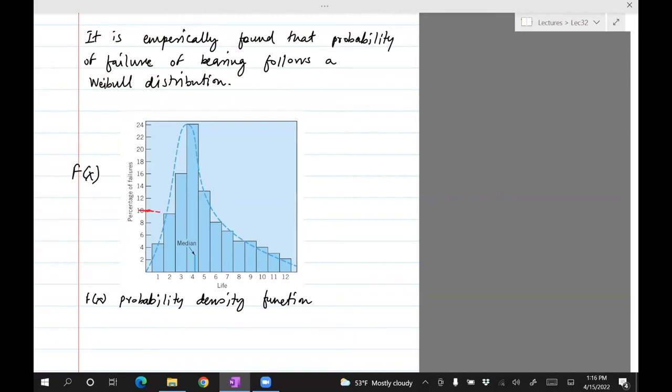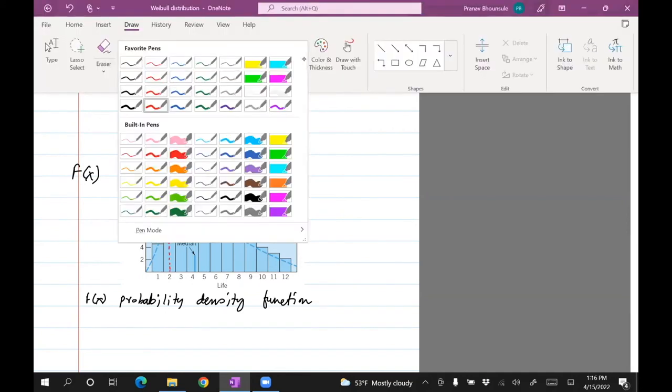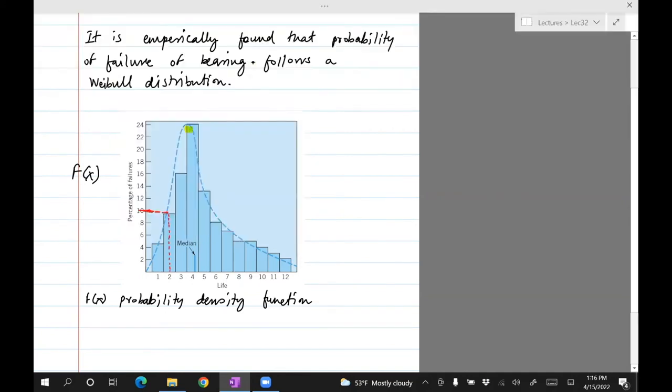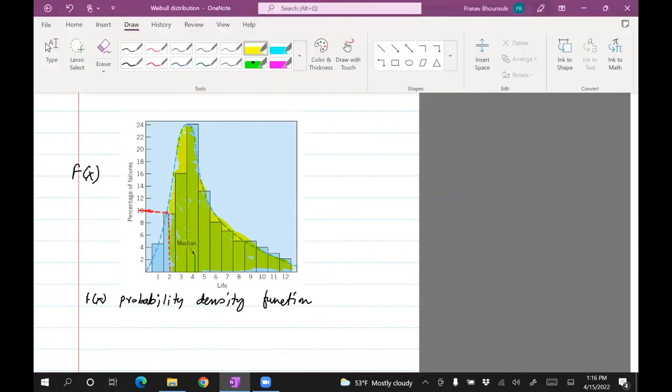So you just extend this, see where it intersects the variable distribution, drop a vertical, and then the area all the way beneath the curve and to the right of the red line is 90% of the complete area. It's the 90% reliability for you.